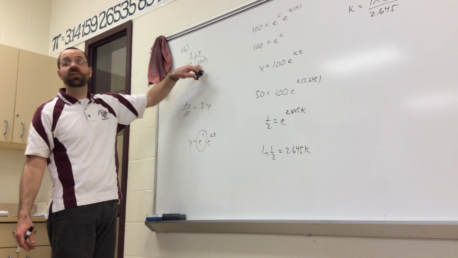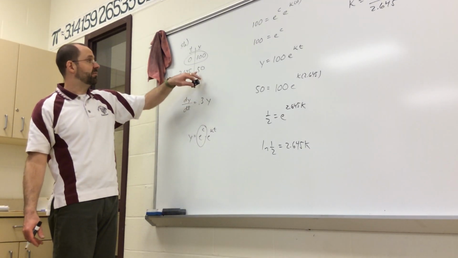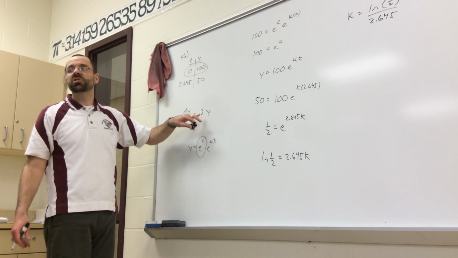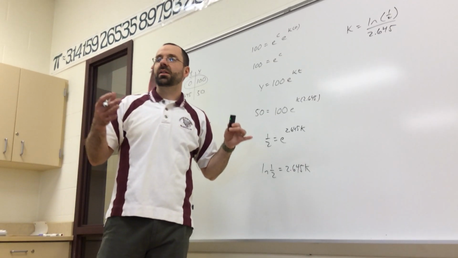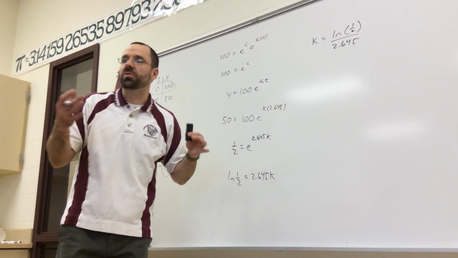So the growth rate at 100 would be that times 100. The growth rate at 50 would be that times 50. Okay. So the slope is proportional to the amount. And that k is the constant of proportionality that will get you the slope.